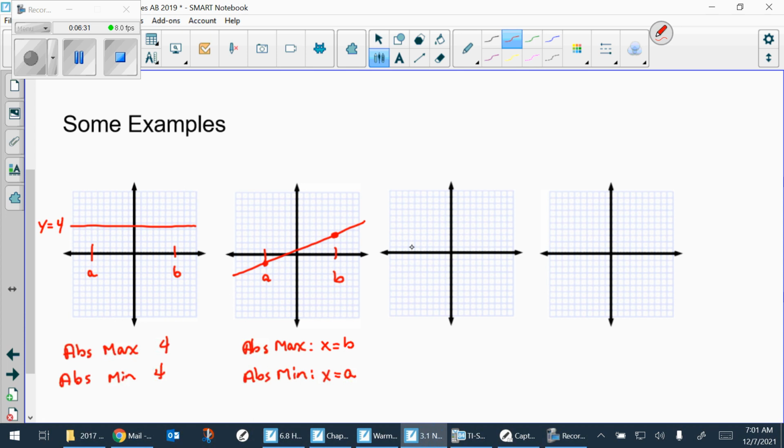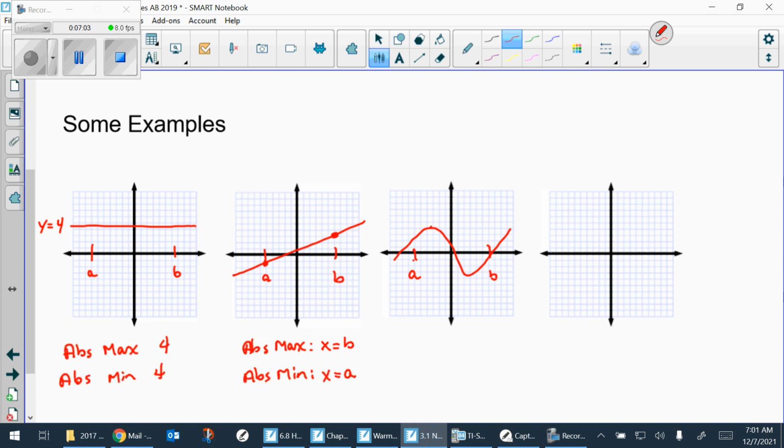Now maybe we've got A here and we've got B here. We've got something that looks like this. Now, these, the absolute max and the absolute min, occur at places other than the endpoints.